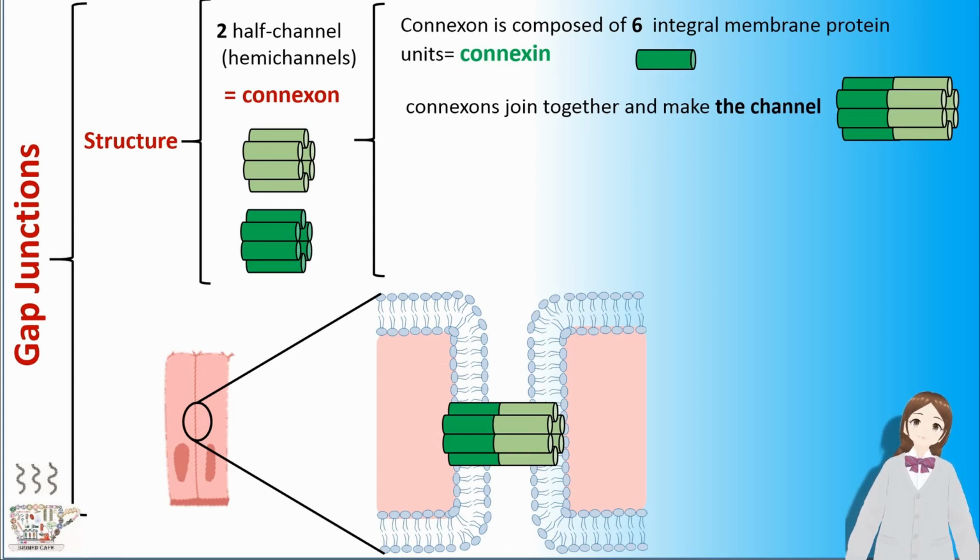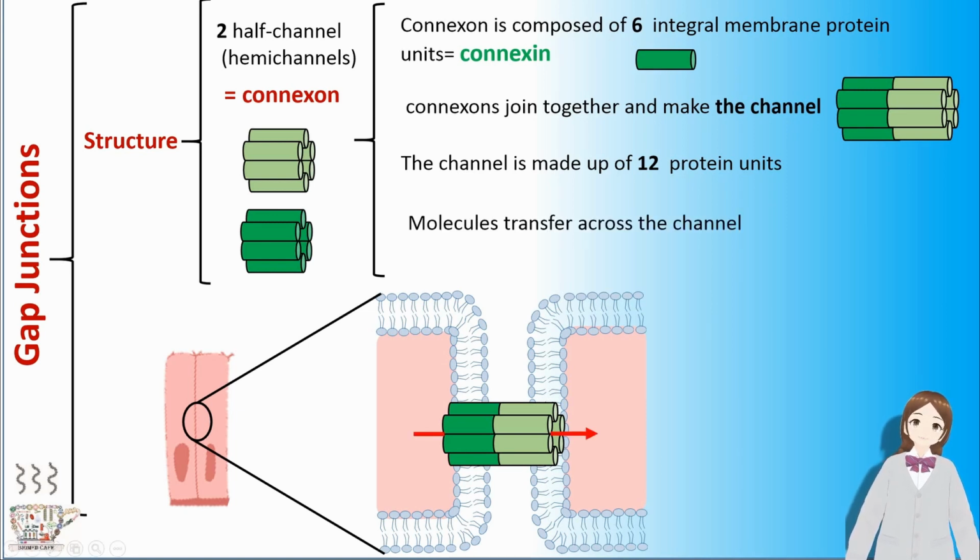Connexons join together and make the channel. The channel is made up of 12 protein units. Molecules transfer across the channel.